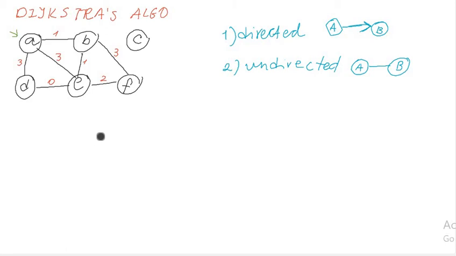We use Dijkstra to find the shortest path from a single source to every other node, but we can also use it to find the shortest path between two nodes. We just need to stop the program once we reach the final destination.